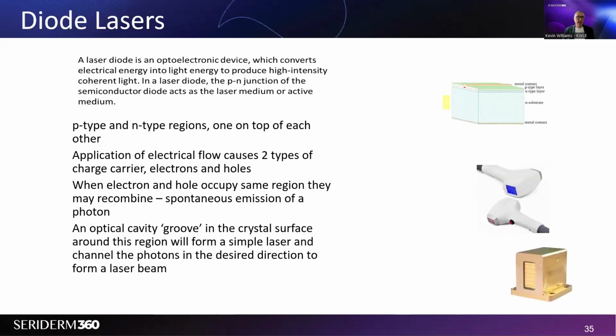Okay. Diode lasers are different, okay? Diode lasers are different because they're optoelectronic devices which convert electrical energy into light energy, okay? And basically what you have, if this is my diode chip, you've got these optical grooves which act as a lasing cavity. Behind you, you have millions and millions of semiconductor materials. So you've got these P and N junctions on top of each other.